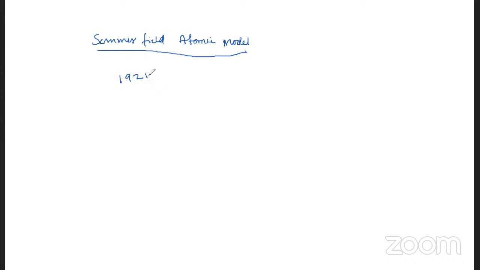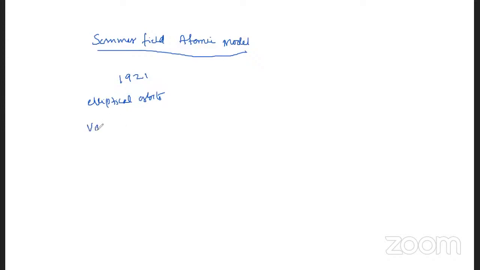According to Sommerfeld, the motion of the electrons is in elliptical orbits, taking into consideration the variation of mass with velocity. So he introduced a new idea of motion of electron in elliptical orbits, and another concept is the variation of mass with velocity.